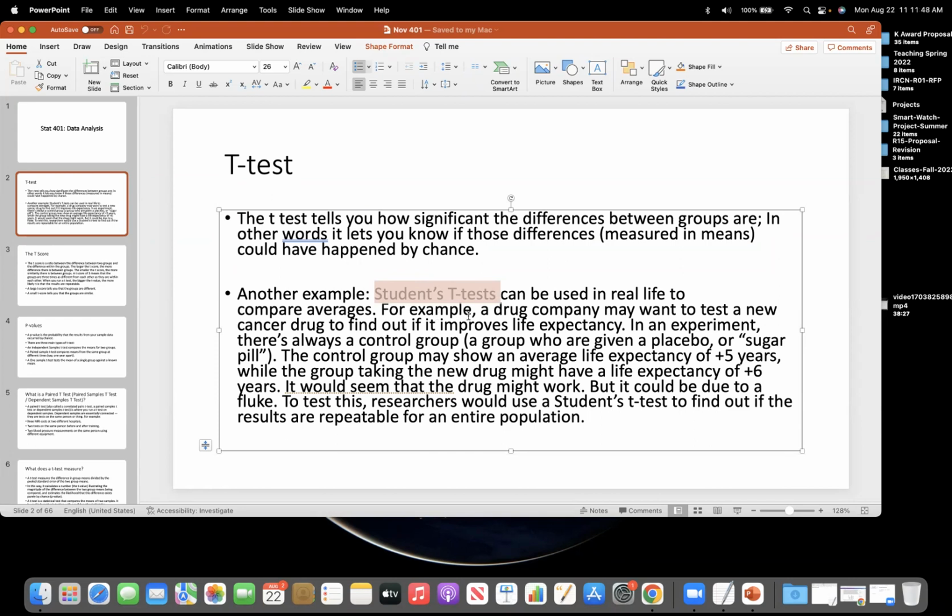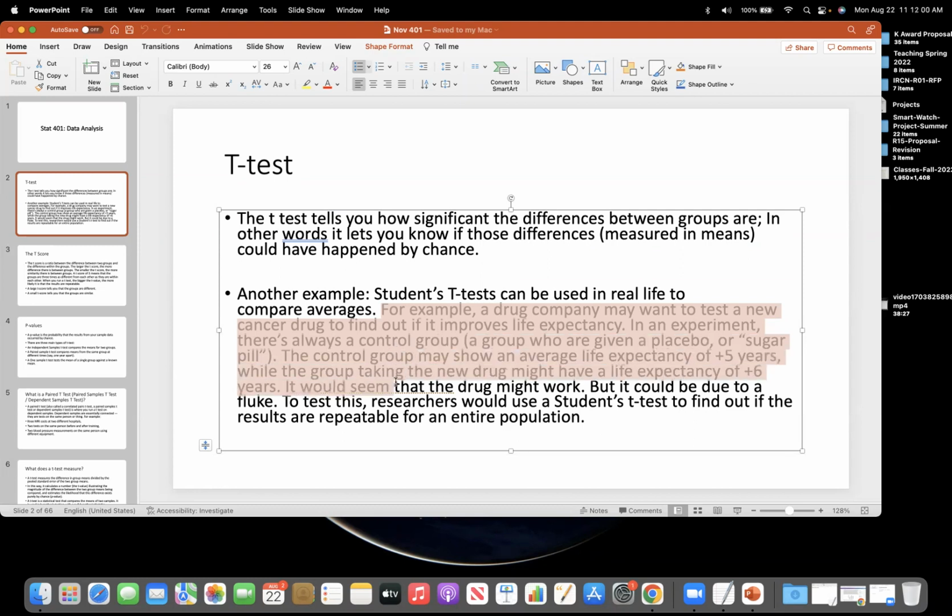For example, a drug company wants to test a new cancer drug and if it improves the life expectancy, right? So you should have a control group and you should have treatment groups. So both the groups, we would be comparing them. To the treatment group, you give your cancer drug, and to the control group, you give your placebo or just not a treatment drug.